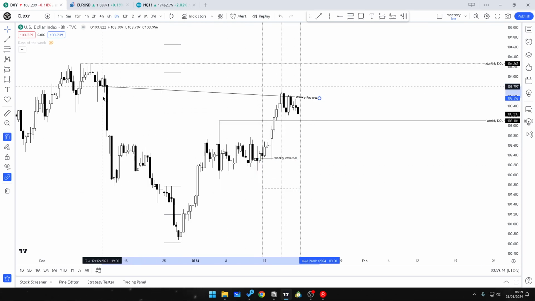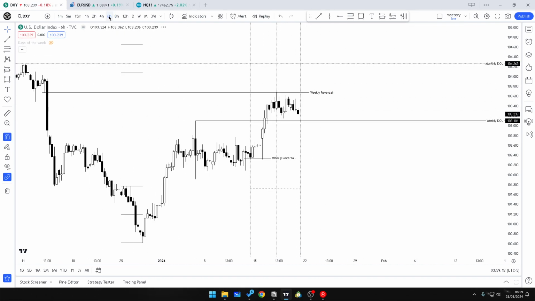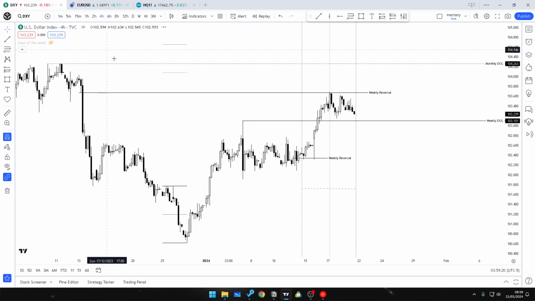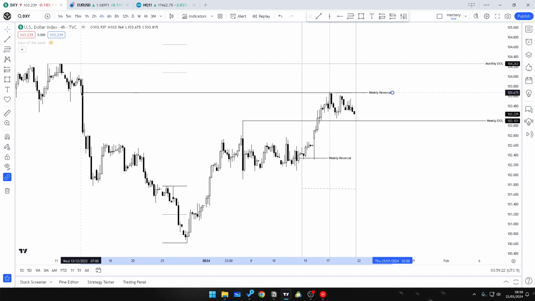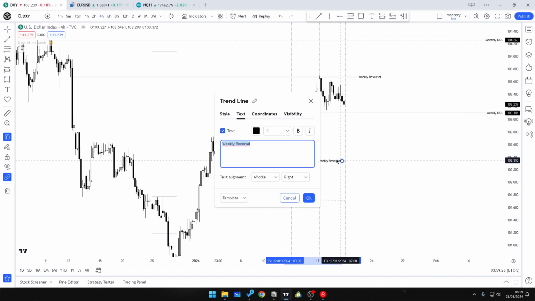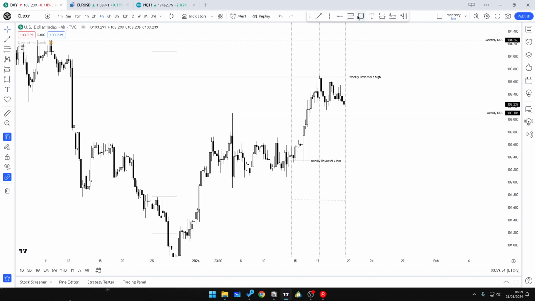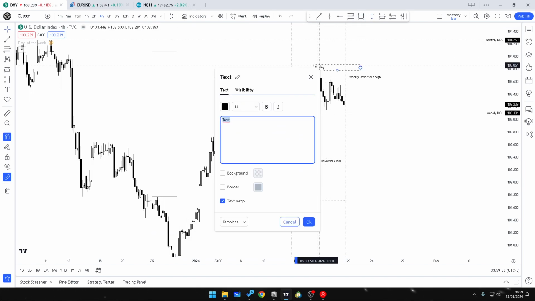And then we have also this weekly reversal right here, at least for our order block. So we had this weekly reversal slash low, and this weekly reversal slash high. And this high was made on the Wednesday 4-hour candlestick.